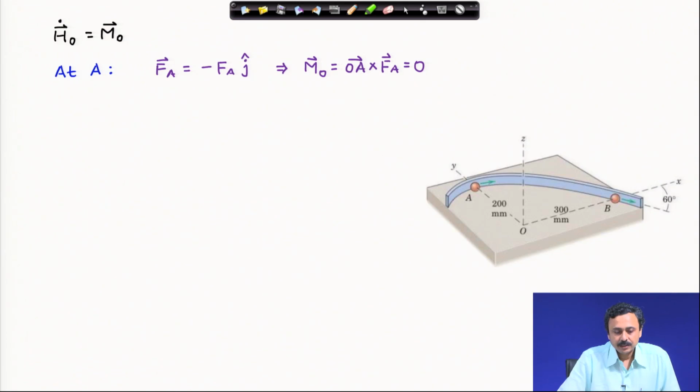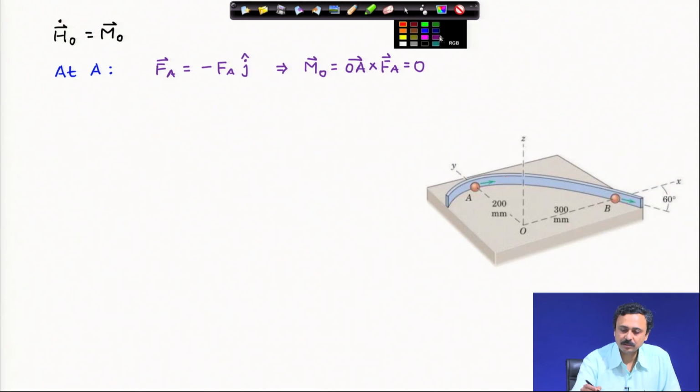At A, the force acting on the particle comes only in the y axis direction. Here the particle is moving in this direction, so this is the direction of velocity, I will use a different color maybe.